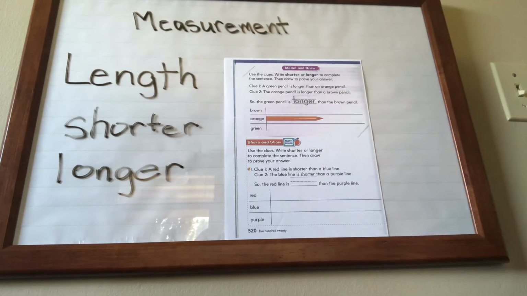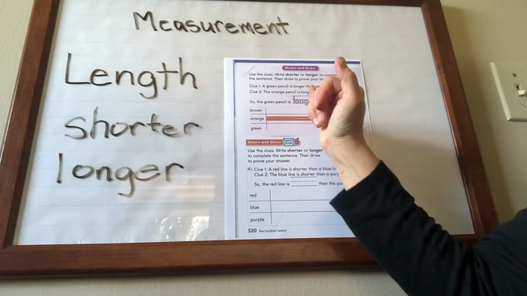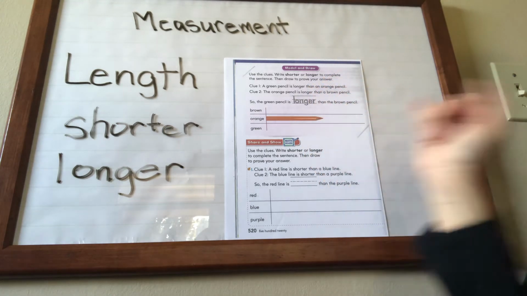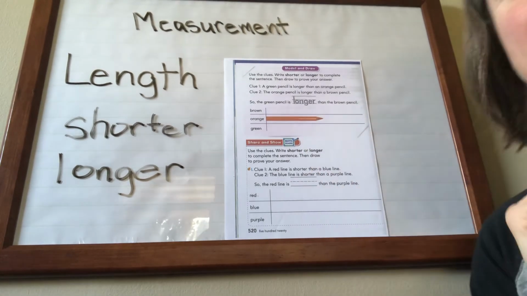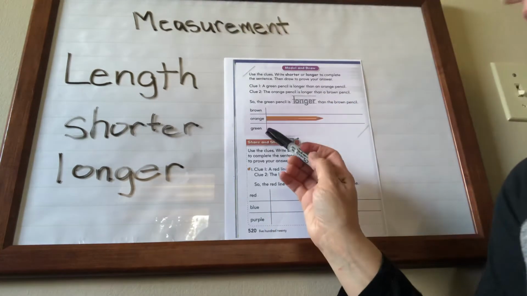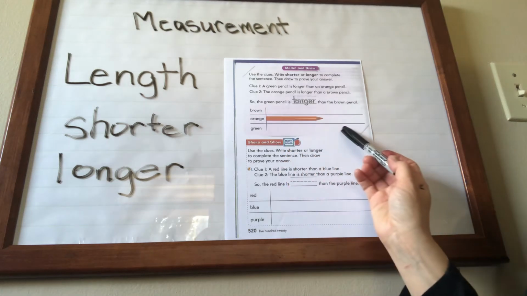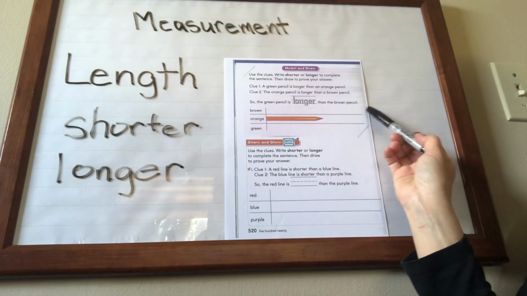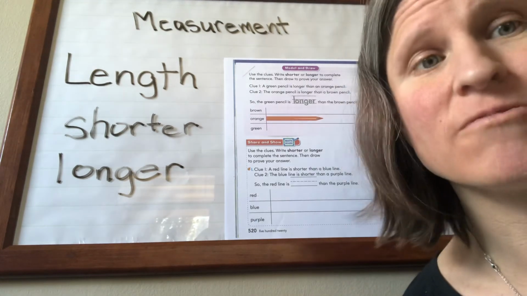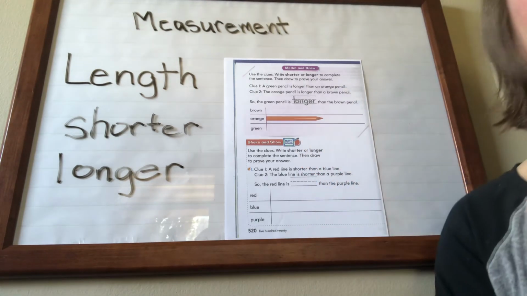So now we know that we have to draw a green pencil that's longer than the orange pencil. What do we know about the brown pencil? Nothing. So that means when we draw a longer pencil, we don't want to go all the way to the end because maybe the brown one will have to go past that. The brown one might be longer than the green one.